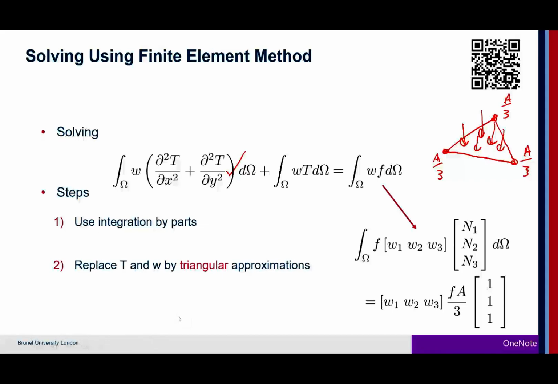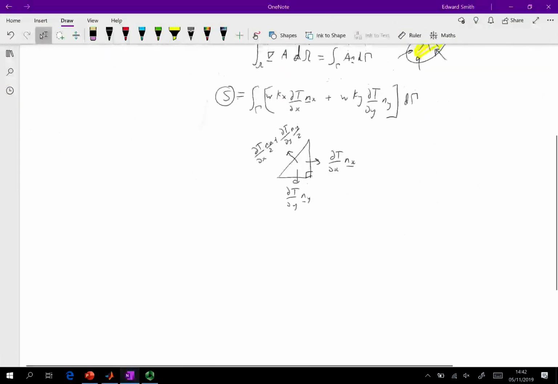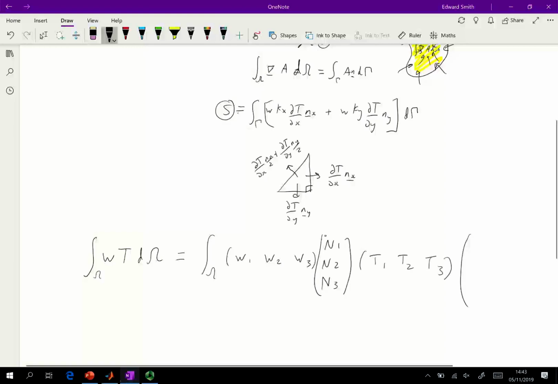Now let me just show you the next expression. If you consider the integral of omega t d omega, over a surface, we're going to rewrite this as the integral of w1, w2, w3 times n1, n2, n3, times t1, t2, t3 times n1, n2, n3.